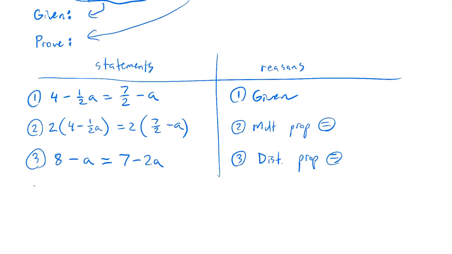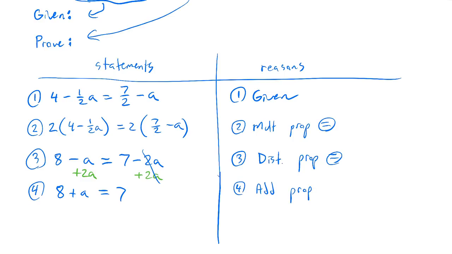All right, step 4, what can we do here? Well, we're just trying to get all the variables to one side and all the numbers to the other. So I'm going to go ahead and move the A's to this side, so we get a positive A as a result. So we now get 8 plus an A equals 7, because these are all gone now. So that was the additive property of equality.